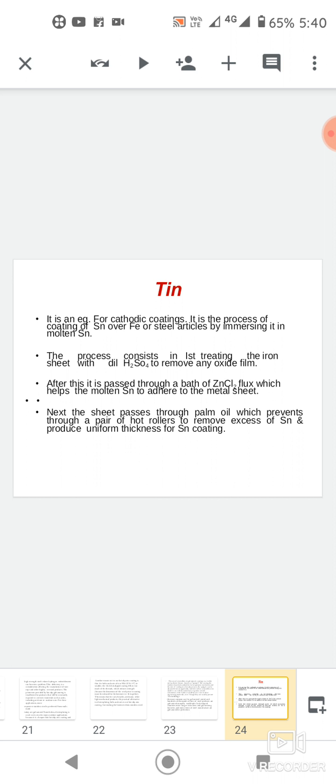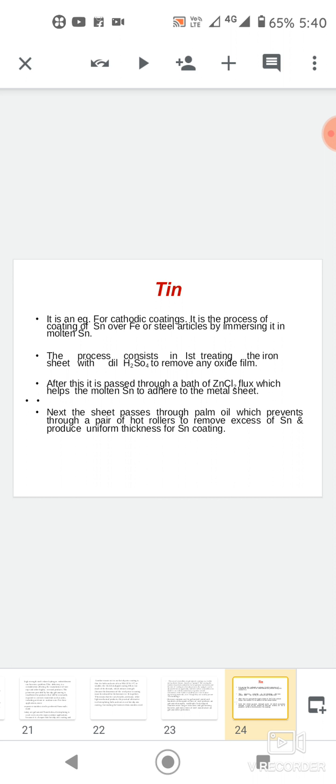Tin coating requires rigid quality control with critical surface inspection of the final coating. Tin coating is employed for cans for food, kitchen utensils, copper wires, tubes, and refrigerators. Tin coating is an example of cathodic coating.